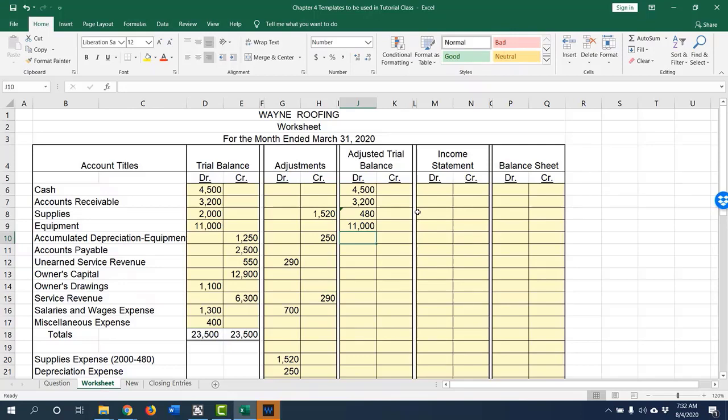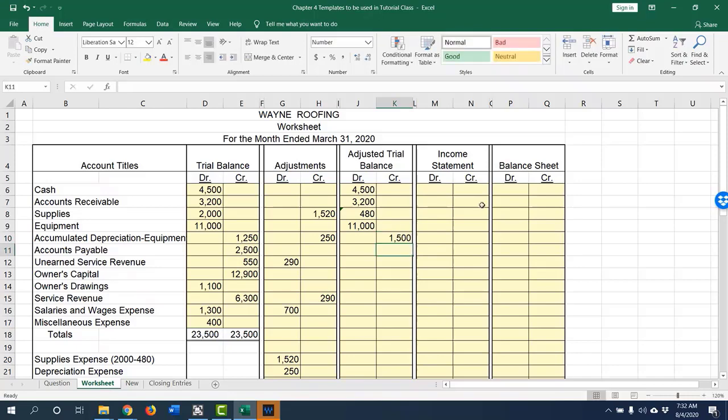Okay. What about the accumulated depreciation account? Since it is on the credit side, it will always remain on the credit side, but this account has a credit balance, and during the adjusting we have credited it again, so will the balance increase or decrease? Exactly, since it is a credit balance and we are again crediting it, the balance will increase by that amount. So previously the balance was 1250, now the balance will increase more by 250.